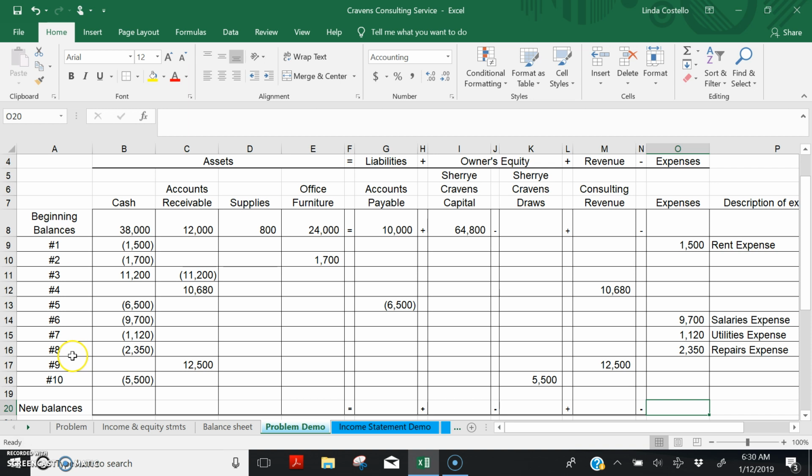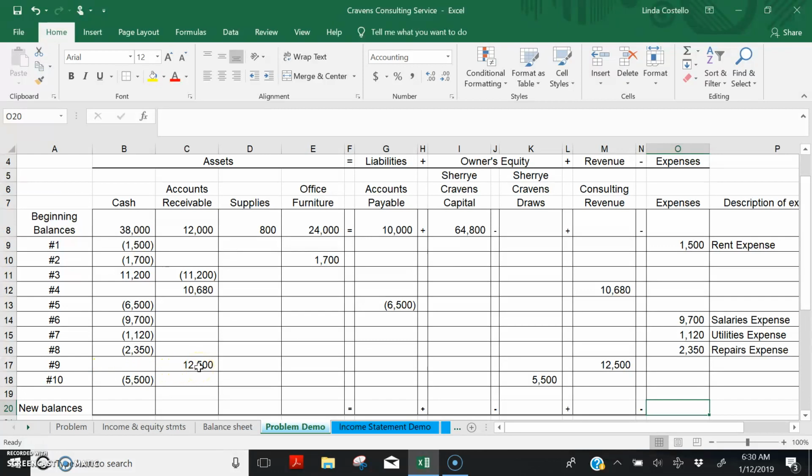Number 8, paid $2,350 for auto repairs. Decrease cash, $2,350. Increase repairs expense, $2,350. Number 9, perform services for $12,500 on account.